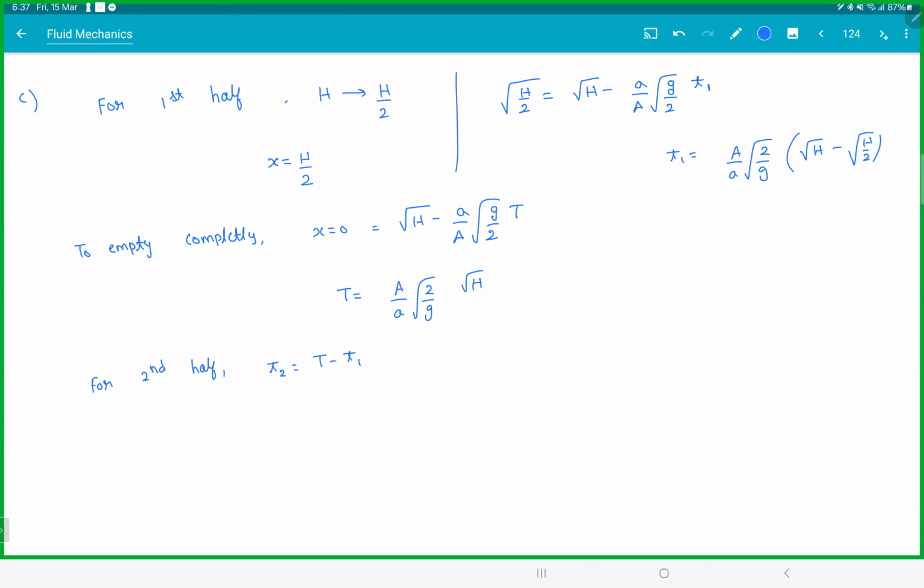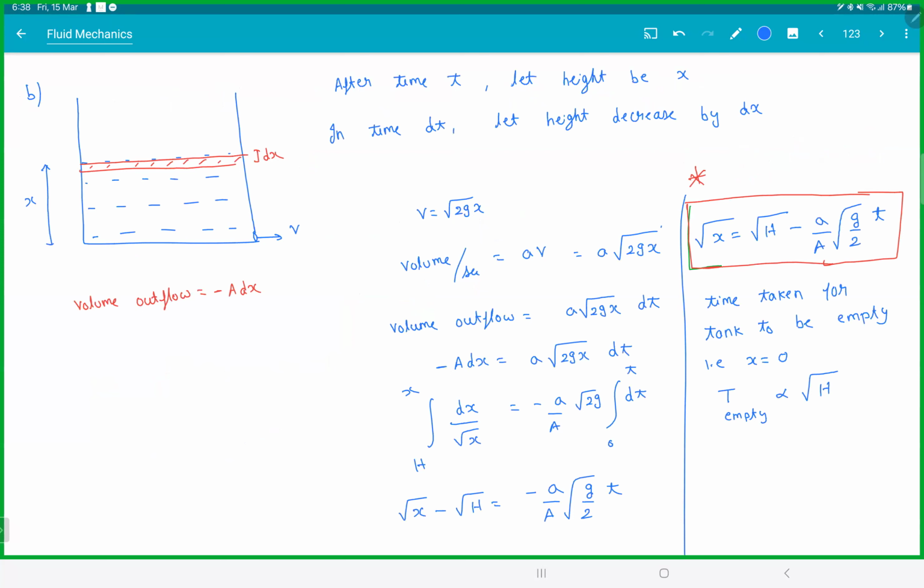I'll find the time for the first half, I'll find the total time, subtract them, and I'll get T2. So T1 by T2 will be A by A root 2g. That thing will cancel, and you're left with root h minus root h by 2 by root h by 2. That is root 2 minus 1. That's your answer.